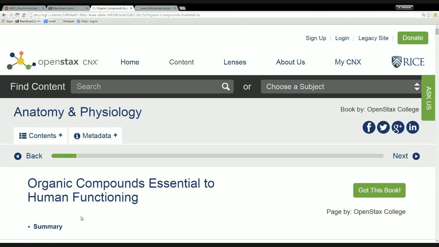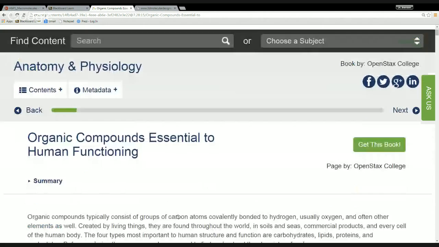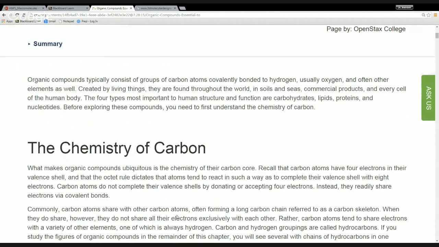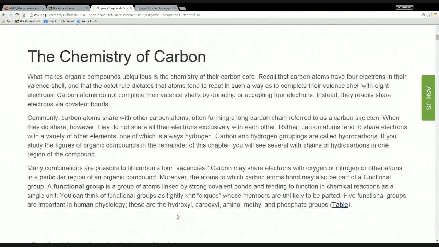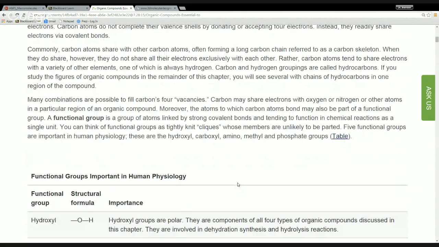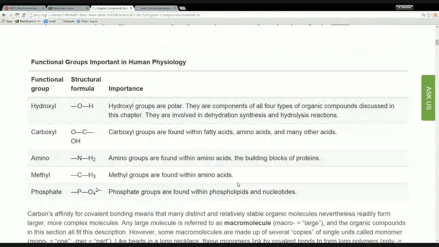So that moves us to the organic compounds part. And again, it's largely based on the fact that carbon's the root of all of these, and how carbon makes bonds is very important. In the presentation, I talk a little bit about organic compounds.